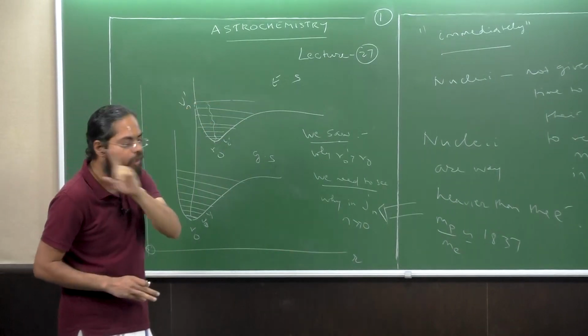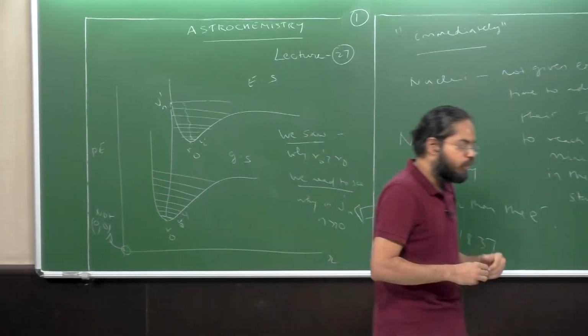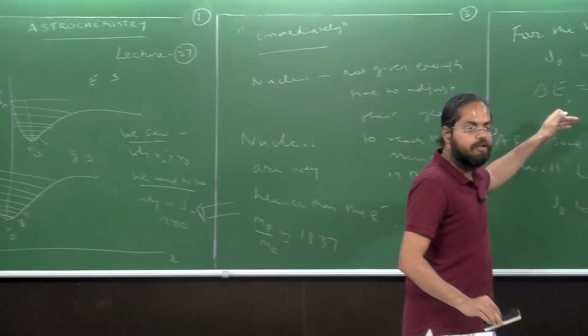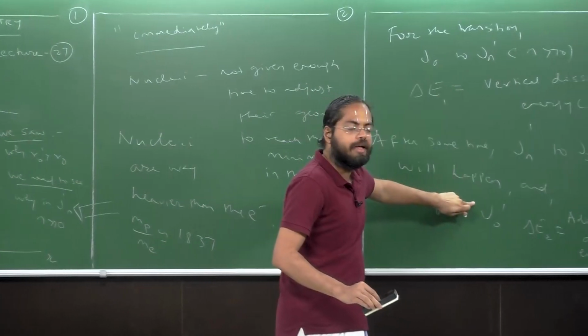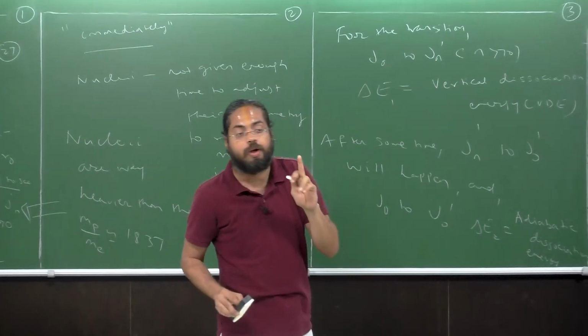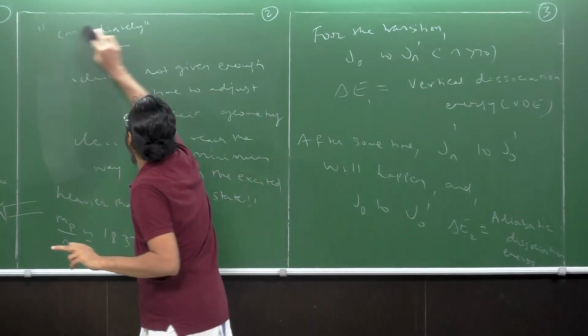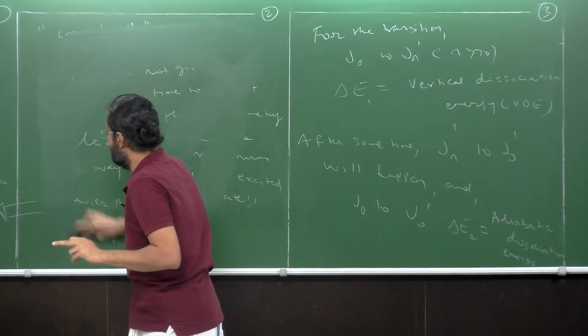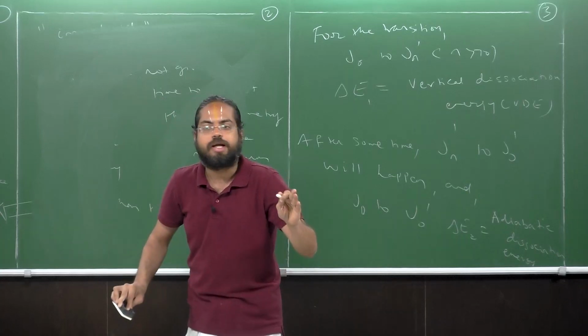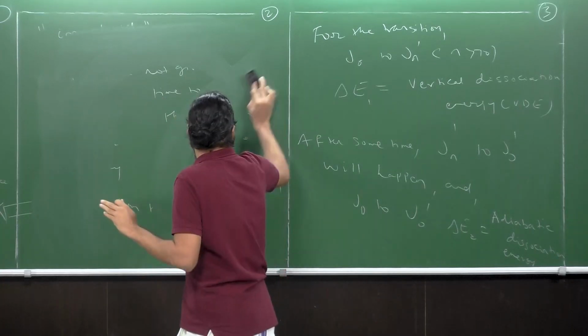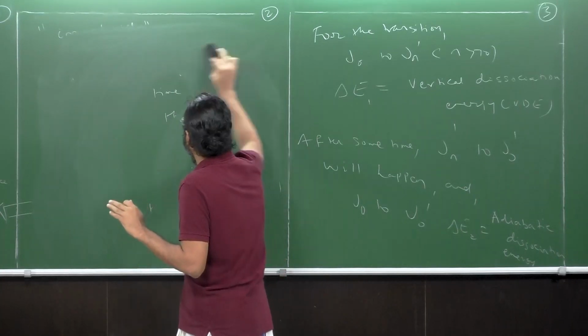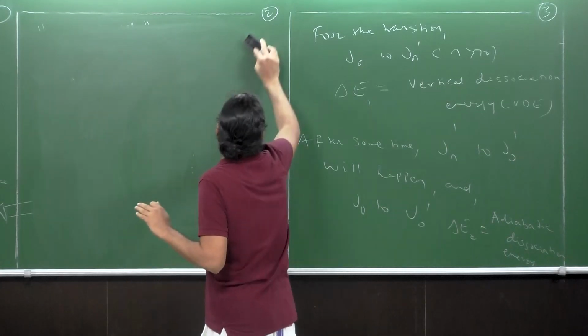And not just this. Beyond the introduction of these two concepts, the vertical and adiabatic dissociation energies, you get much more information from these two curves. And recall, why are we having all of this discussion? It is in the context of astrochemistry and to see how molecules were detected in space.